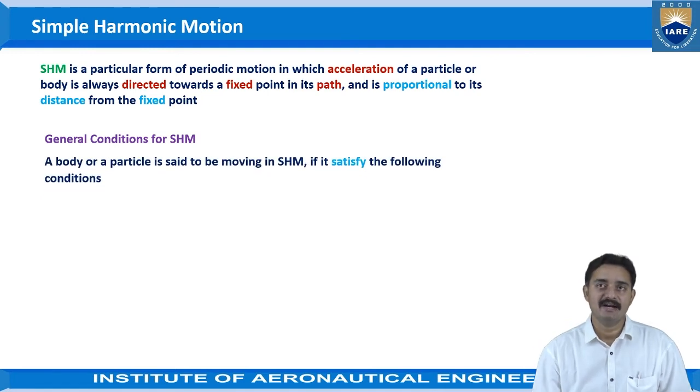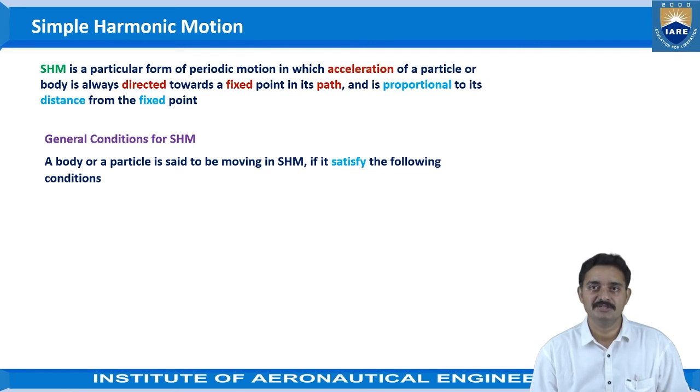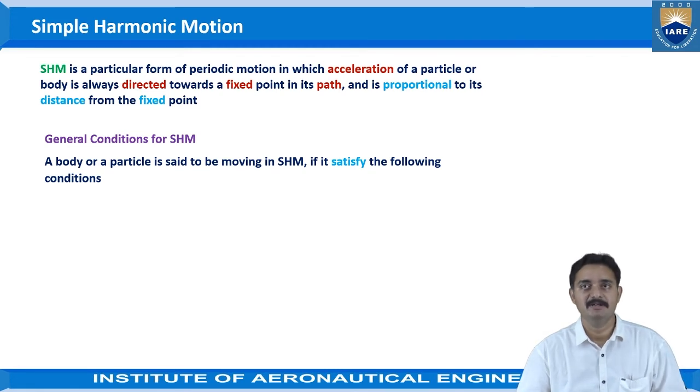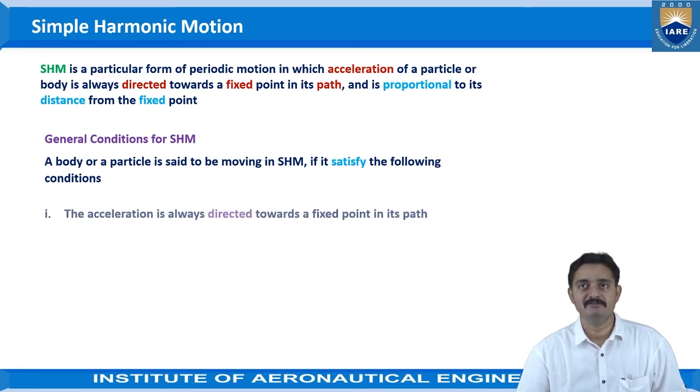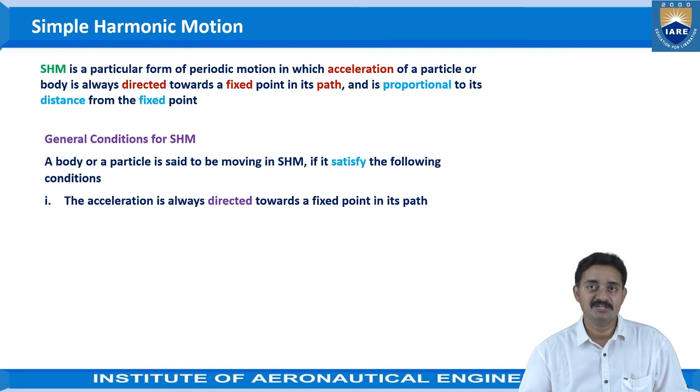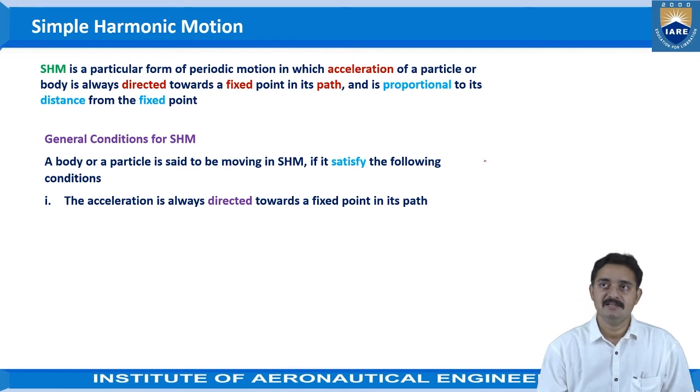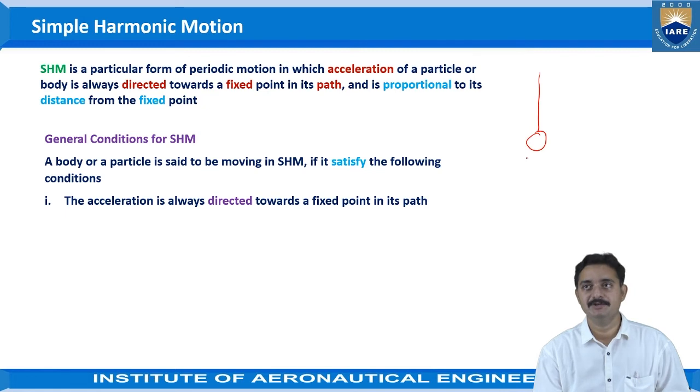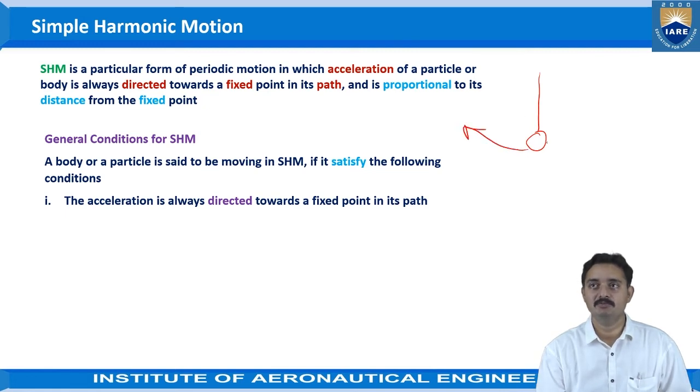The general conditions of simple harmonic motion: a body or a particle is said to be moving in SHM, that is simple harmonic motion, if it satisfies the following conditions. So there are two conditions that need to be satisfied by the movement of the object. First one is the acceleration is always directed towards a fixed point in its path. Okay, so let us say this is a ball which is tied to a string and it is making a to and fro motion.